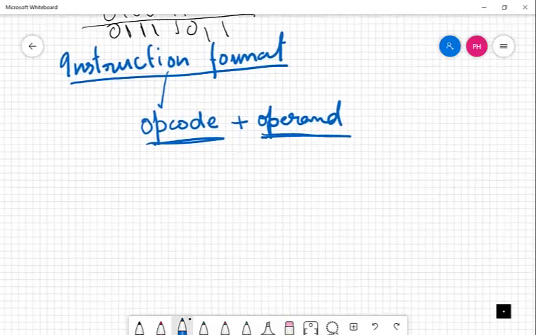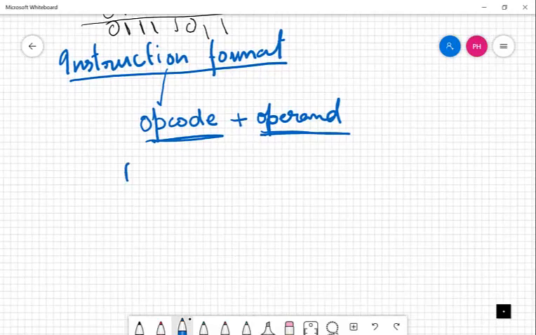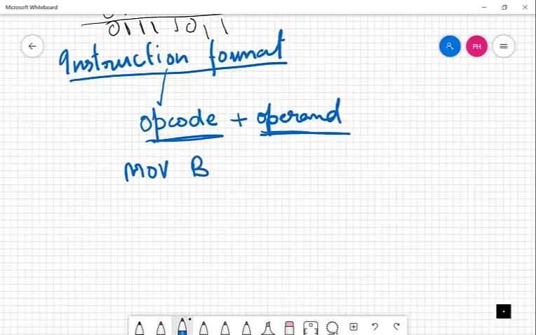Like we have seen in the last class, we did something like this: move B, C. So this is the opcode part and these are operands. We also discussed five different types of operations, and this one was a data transfer operation. Another example of a data transfer operation was move immediate B, 56.